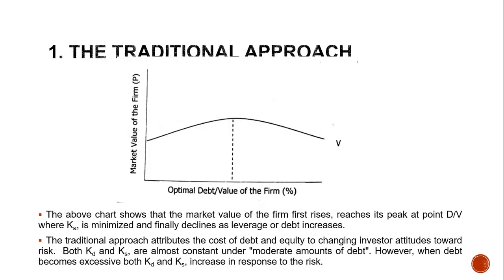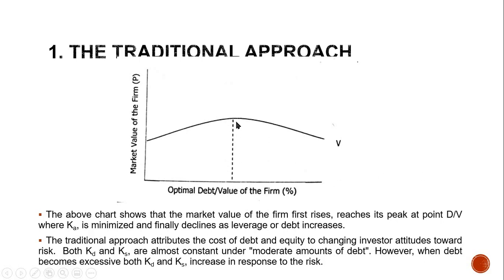Now, another illustration here. So we have here the market value of the firm and the optimal debt value of the firm. So this above chart shows that the market value of the firm first rises. Okay, so tataas. Okay, reaches its peak at point DV.